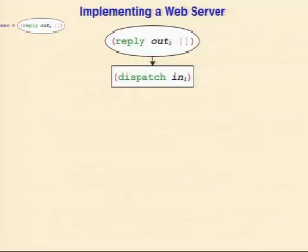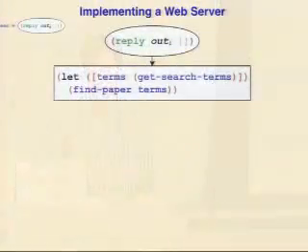Then we continue on with the dispatch. Now dispatch goes along, and it says, they want to do a paper search, so let's go run this servlet that asks for the search terms and then does the searching. And this is the servlet written in direct style.